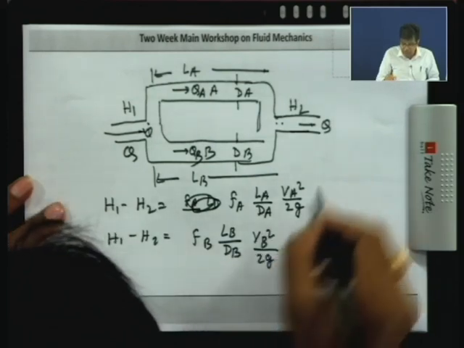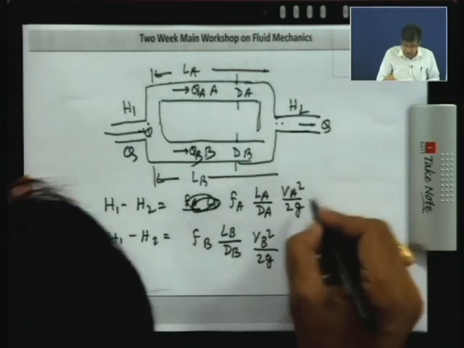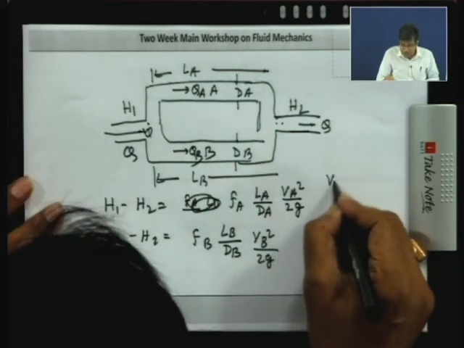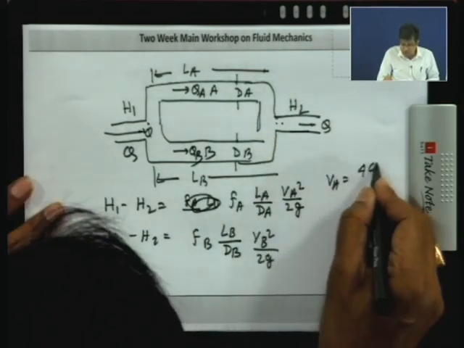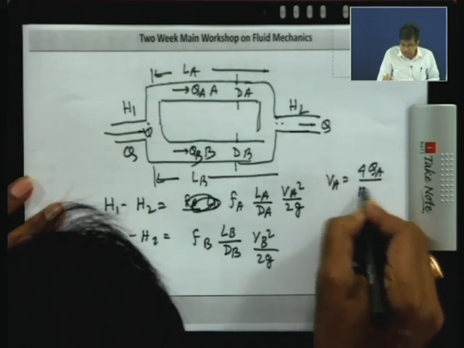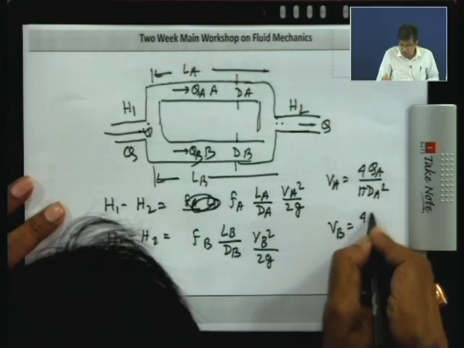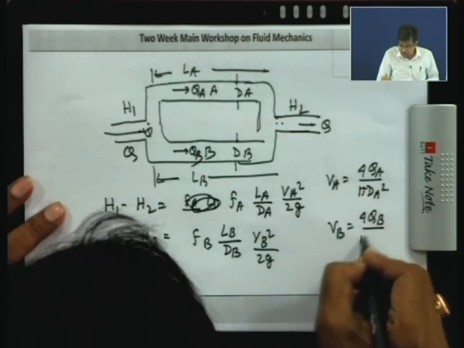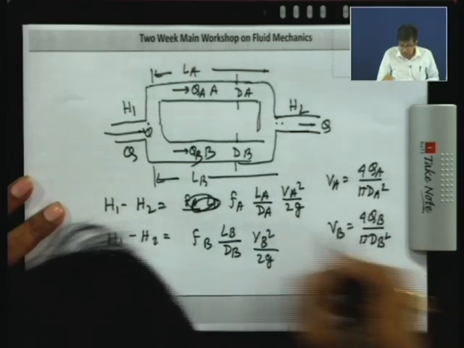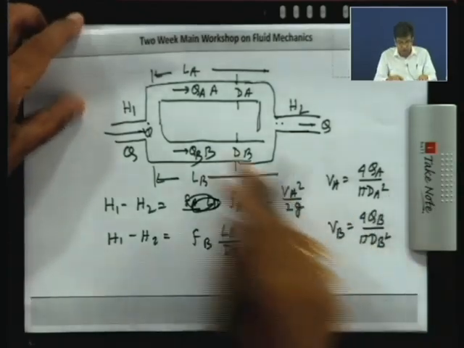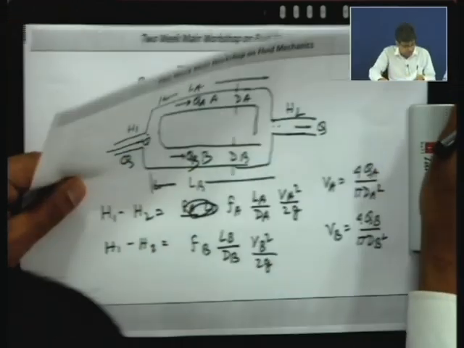Now, VA and VB are related to QA and QB: VA is 4 QA by pi dA square and VB is 4 QB by pi dB square. So if you put it in terms of QA and QB here, then what do you get?